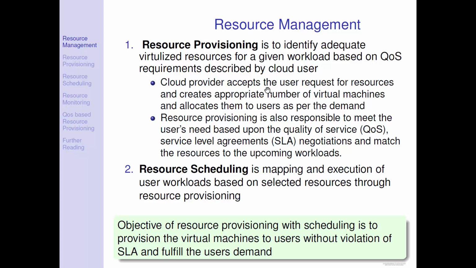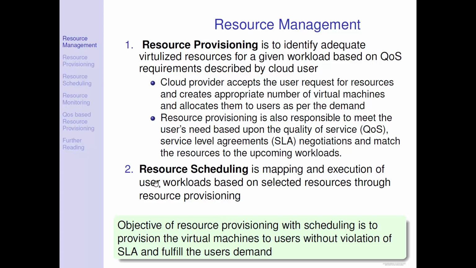So the cloud provider accepts the user request for resources and creates an appropriate number of virtual machines and allocates them to the user as per the demand. Resource provisioning is also responsible to meet users' needs based on QoS and SLA negotiation and match the resources to the workload.